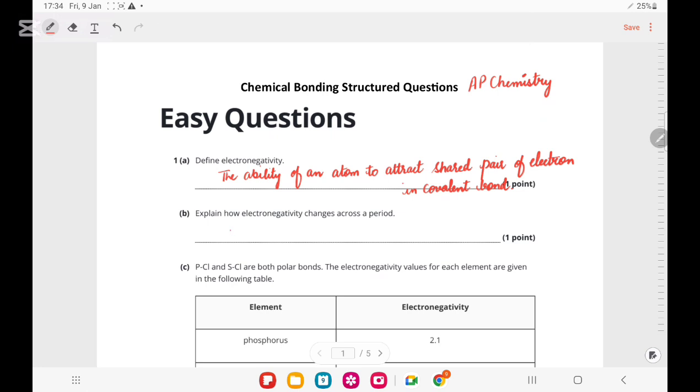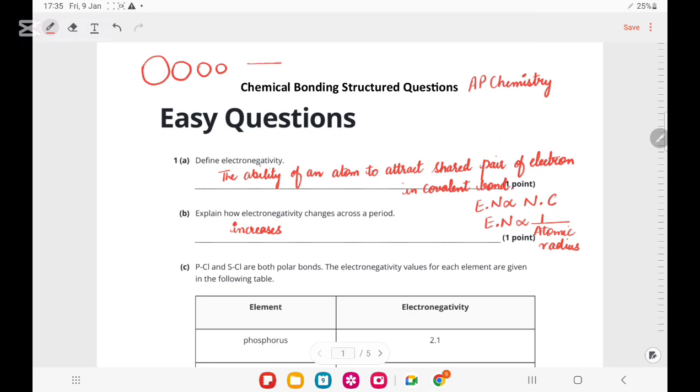What happens? Electronegativity in fact increases because electronegativity is dependent on the nuclear charge. So EN is basically directly proportional to nuclear charge, and EN is basically inversely proportional to atomic radius. So what happens across a period? The atomic radius decreases.